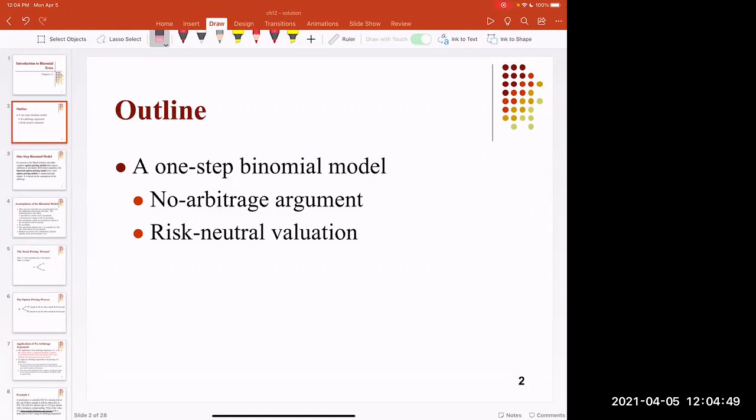So in the 1 step binomial model, we have 2 approaches: the no arbitrage argument, which is the first assumption you can use to determine option price, or risk neutral valuation. These are 2 different assumptions and 2 different approaches, and you should get the same answer. That's the main idea of this chapter.